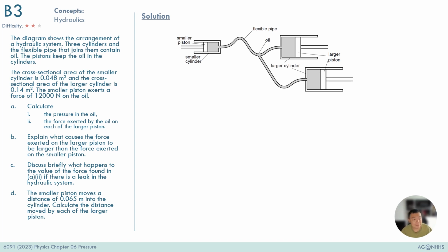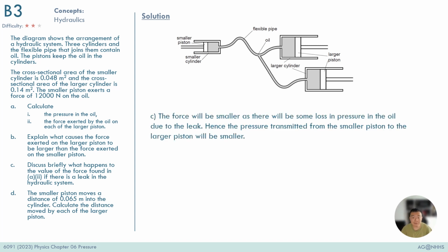Now in part C, you are asked to determine what will happen if there is a leak in the hydraulic system. When there is a leak, the pressure that is transmitted throughout the oil will not be the same.